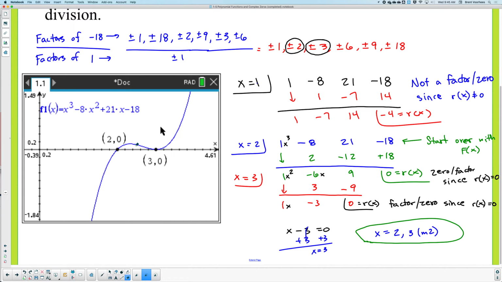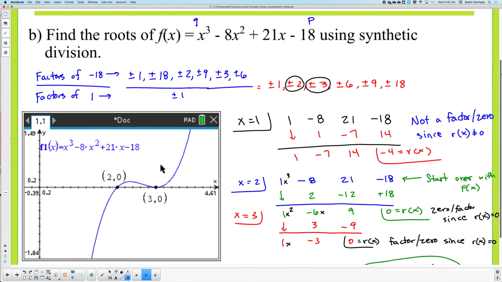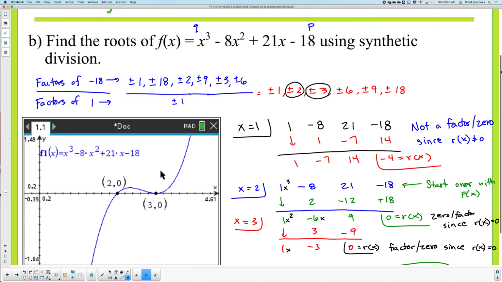That one counts twice. So if I ask you this question, here's why I say this. In a second I'm about to show you imaginary zeros and irrational zeros. If I ask you how many unique real zeros does this have, your answer should be 2. How many total zeros should this graph have considering it was a cubic function? How many, come on, wake up. How many total zeros should this have? 3.